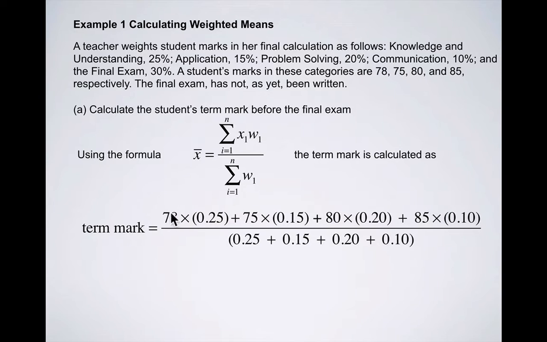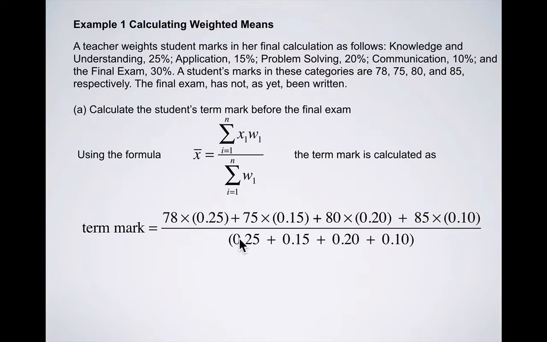And so we calculate that by 78 times 0.25, which is the mark of 78 times the weighting for knowledge and understanding, then 75 times the weight for application, which is 0.15, a mark of 80 in problem solving times the weight for problem solving, plus the mark for communication of 85 times the weighting for that communication mark.